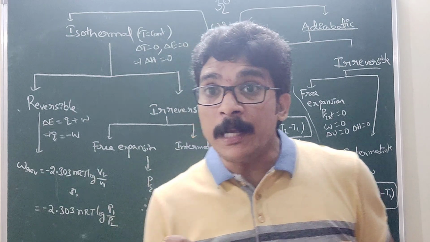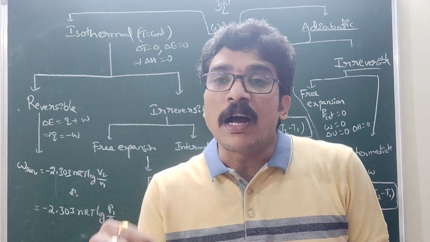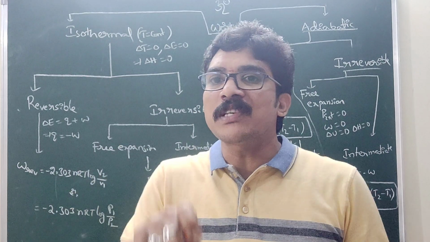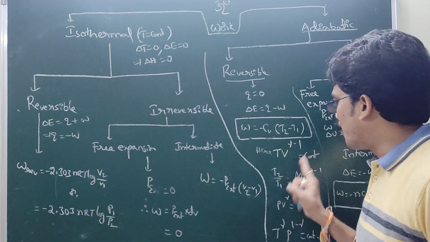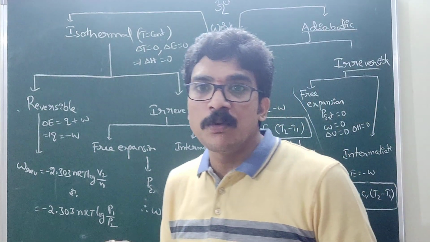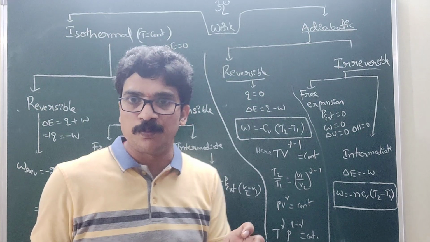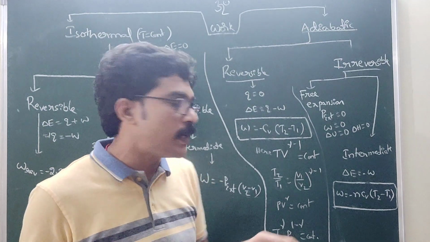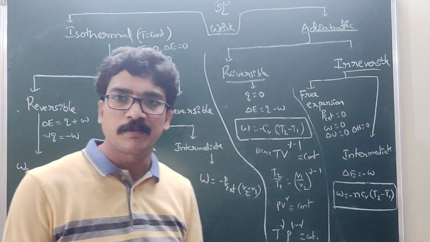In the problem, the V1 value and V2 value are given. How can you find T2?